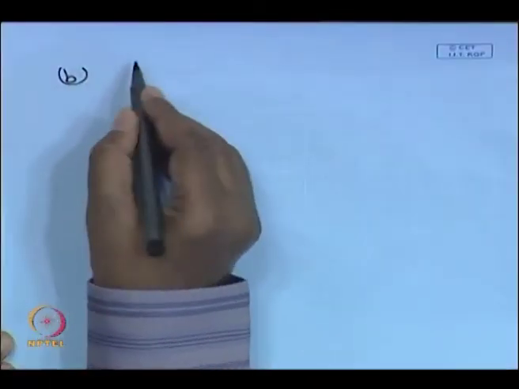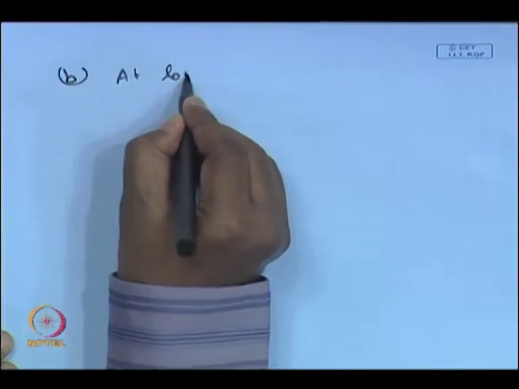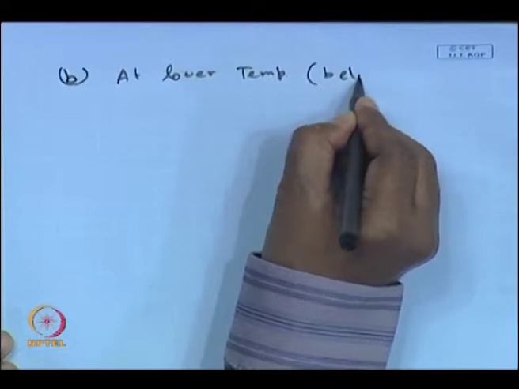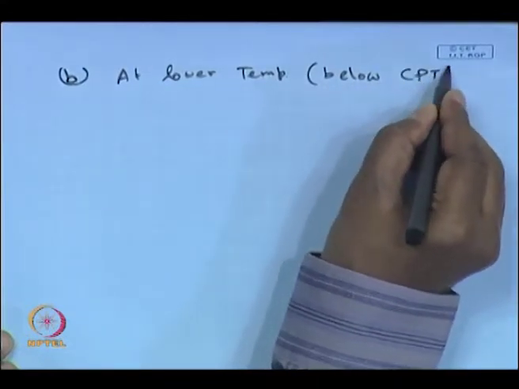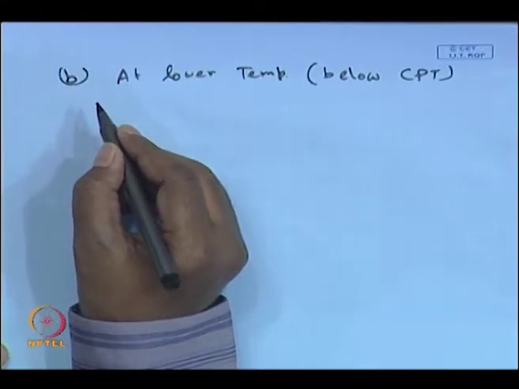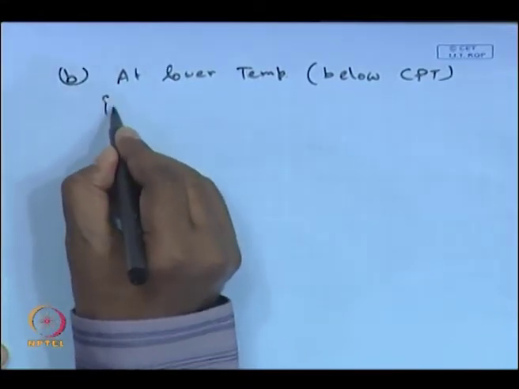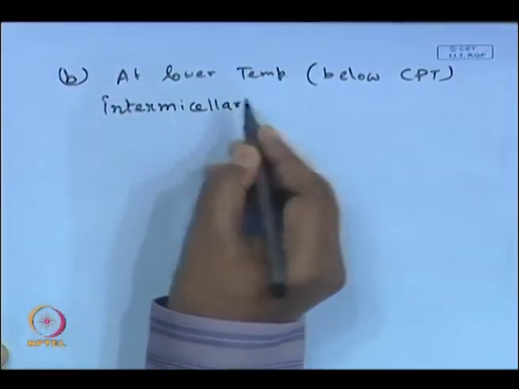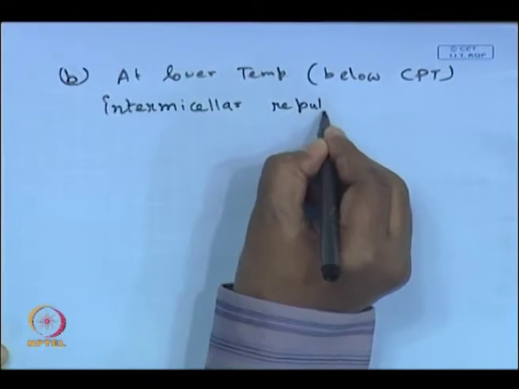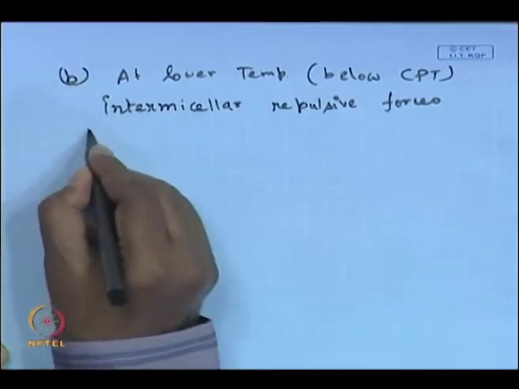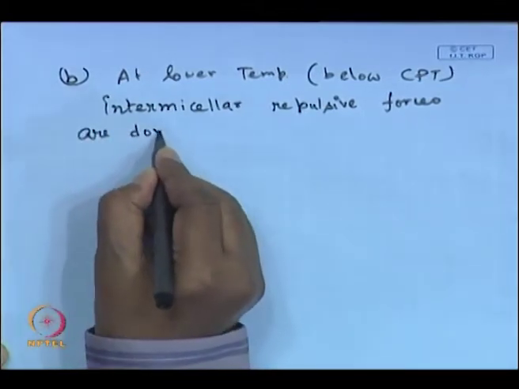The second possible mechanism is that at lower temperature, below the cloud point temperature, intermicellar repulsive forces are dominant.